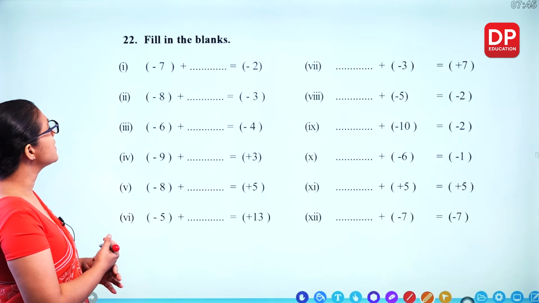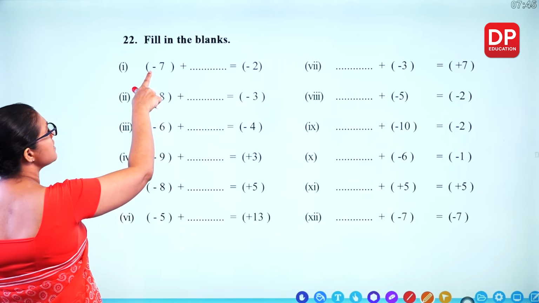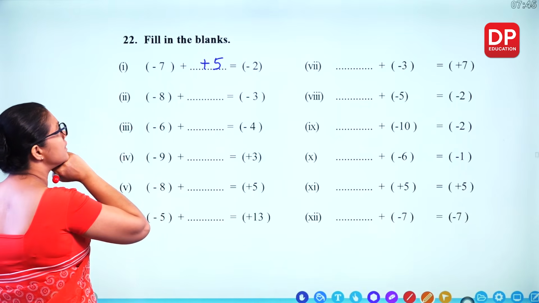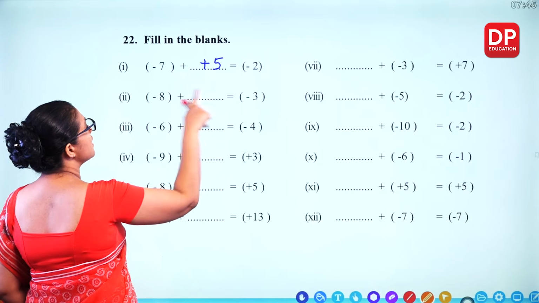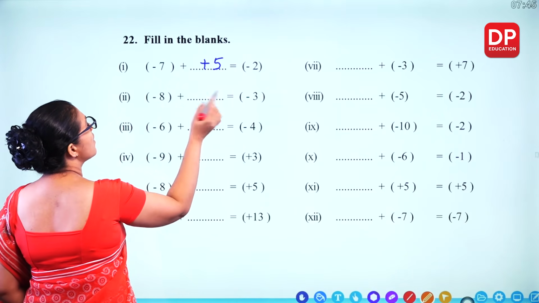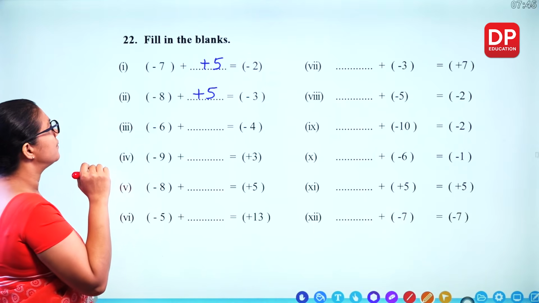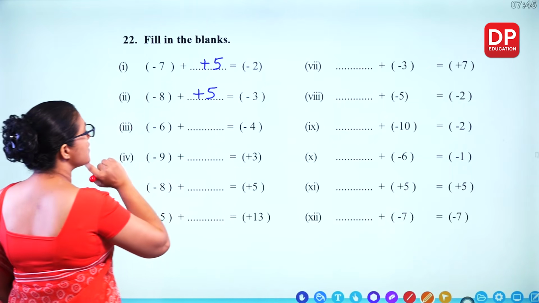Now fill in the blanks. Minus 2 is there. That's minus, so you are adding plus 5 to that. 7 and 5, difference is 2. You get minus 3. Minus 8 is there. What's the difference? You need another plus 5. 6 and 4, difference is 2.